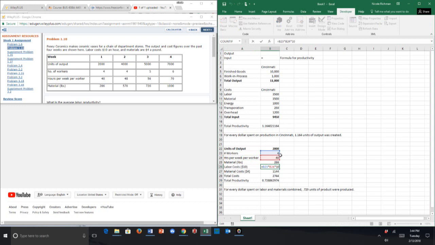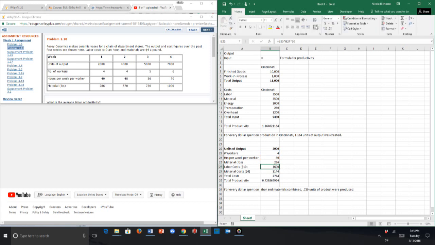So we multiply our number of workers by the hours per week by the cost of labor, which is $10. And now we have the total value of the labor used to transform the raw material into an output.